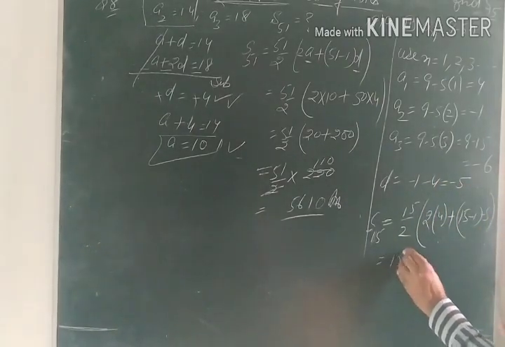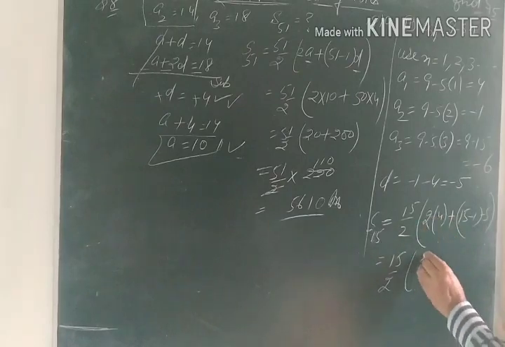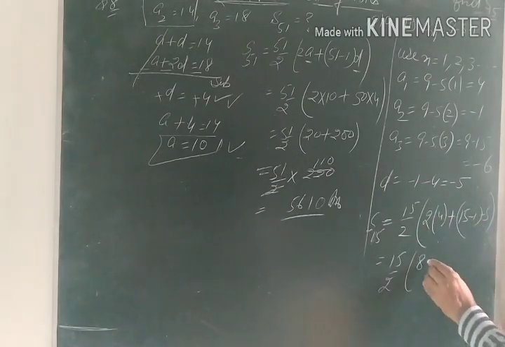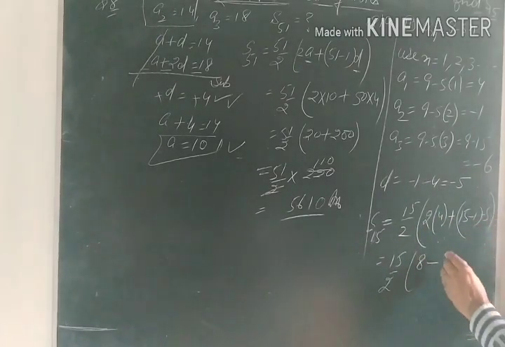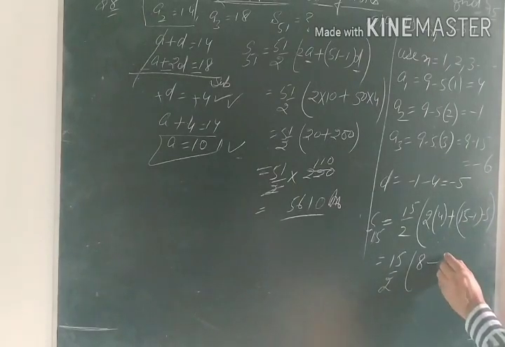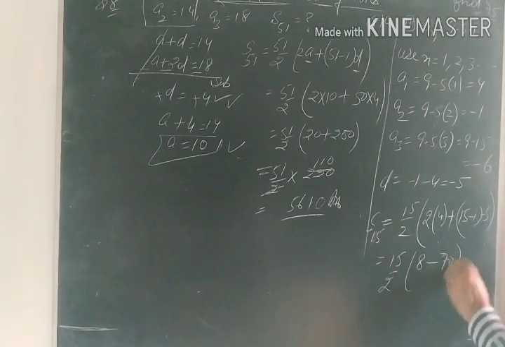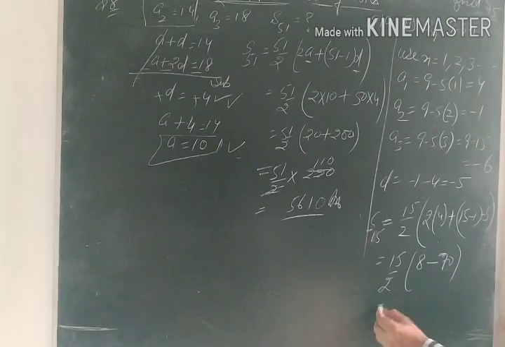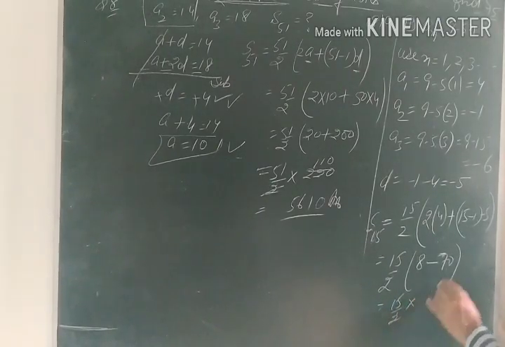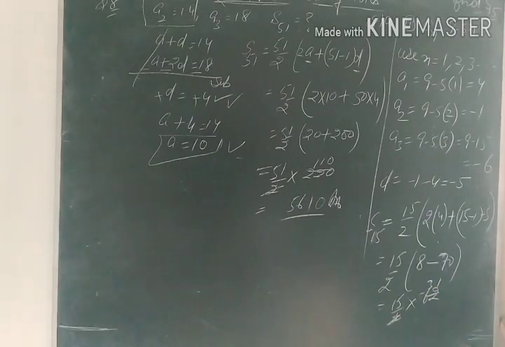So 15 by 2 into 8 minus 14 times 5, which is 70. So 15 by 2 into 8 minus 70, that is negative 62, and this one is minus 31.